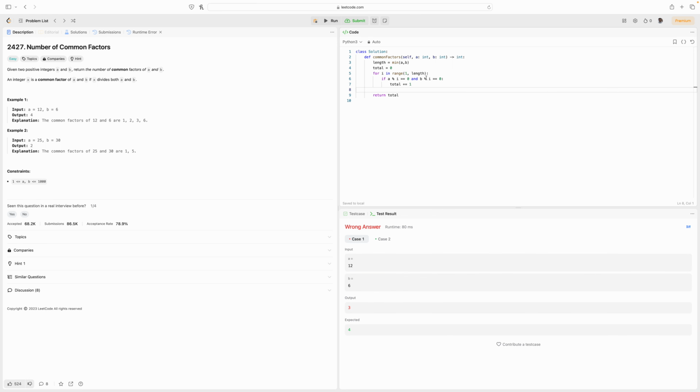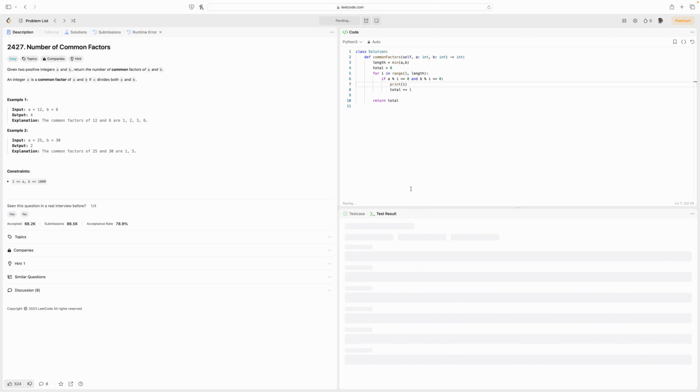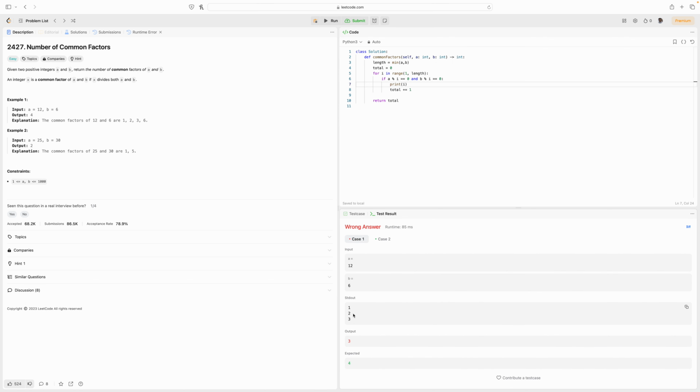Output 3, expected 4. Okay. Let's go ahead and print out i every time it gets in here. One, two, three. But it never got to 6, did it?